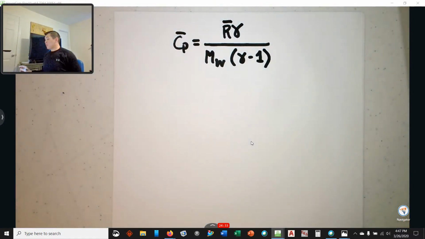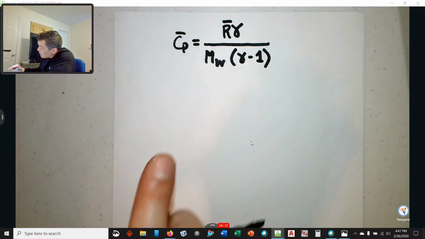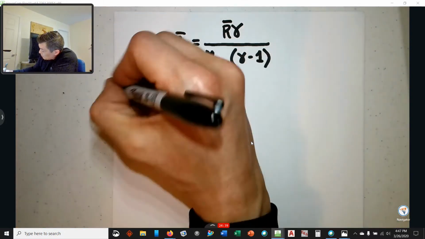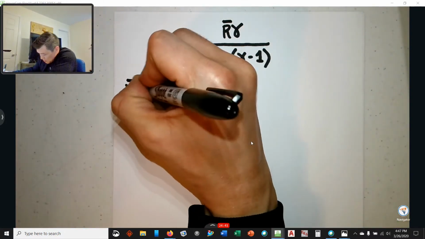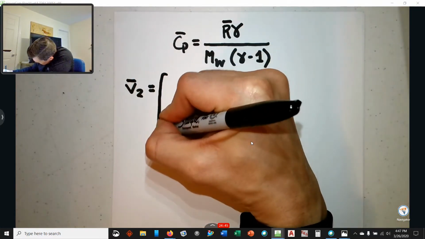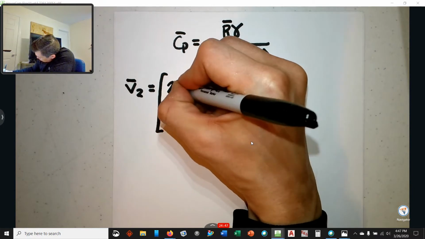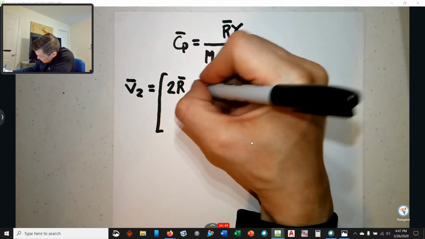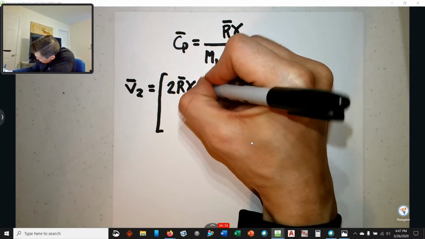So we can replace the average specific heat into that velocity expression to find the velocity equal to 2 times R gamma T1, right?